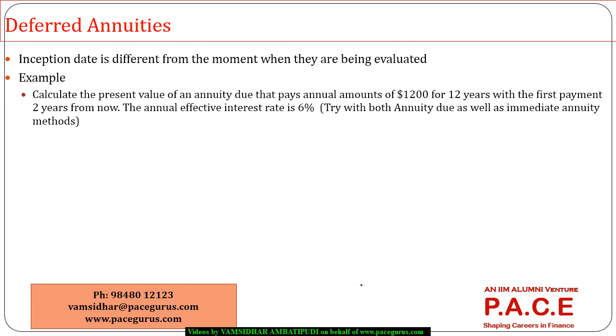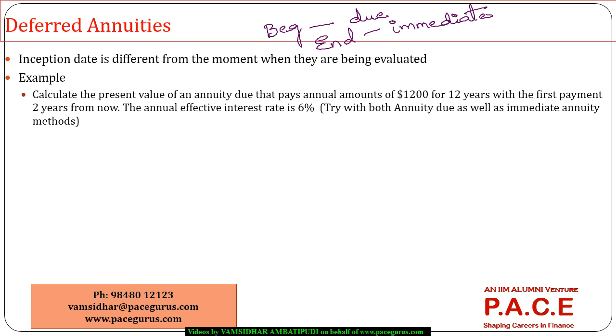Then, the other scenario that we generally encounter is the deferred annuity, where the annuity is not starting in this year. If it is at the beginning of the period, we call it annuity due. If it is at the end of the period, we call it immediate annuity or regular annuity. This is what we have been using.